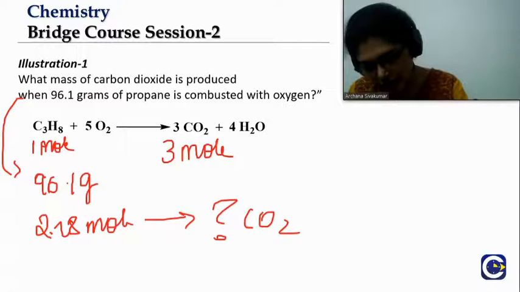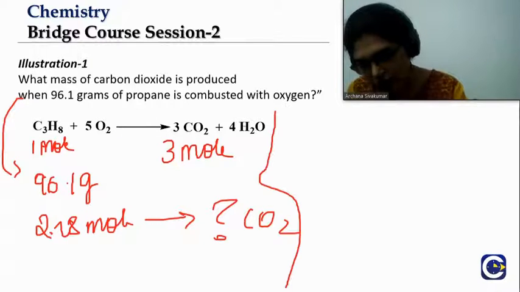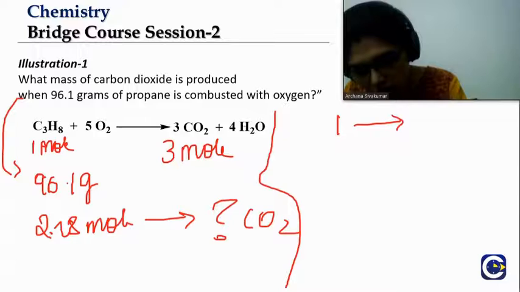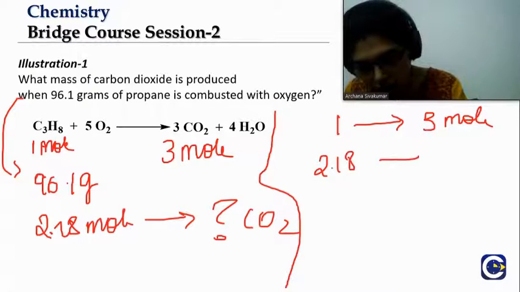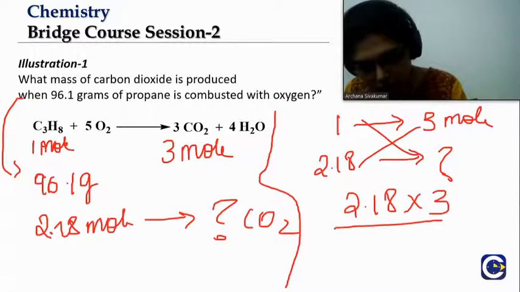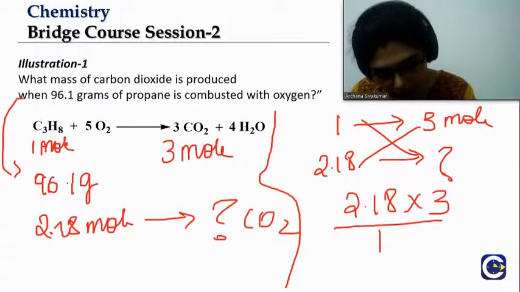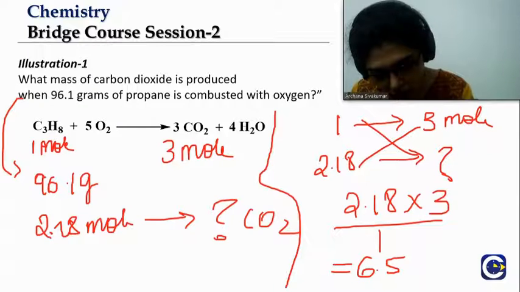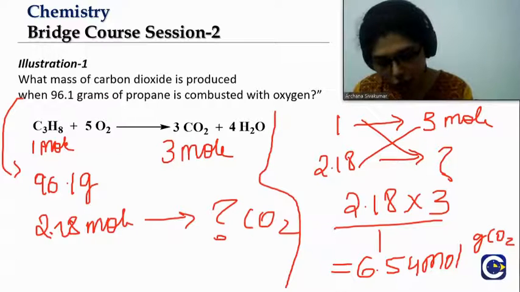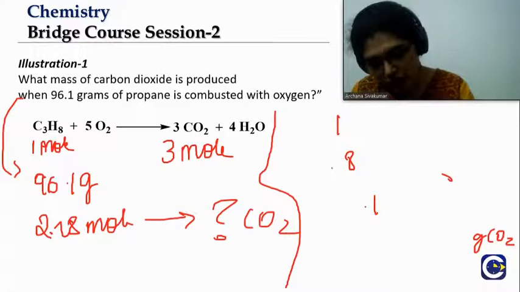Using the standard ratio, right? 1 requires 3 moles, so 2.18 will require how much? Cross multiplication: 2.18 times 3 divided by 1. So what will you get? 6.54 moles of carbon dioxide. Am I right? 6.54 moles of carbon dioxide. So I know now that 6.54 moles of carbon dioxide is produced.